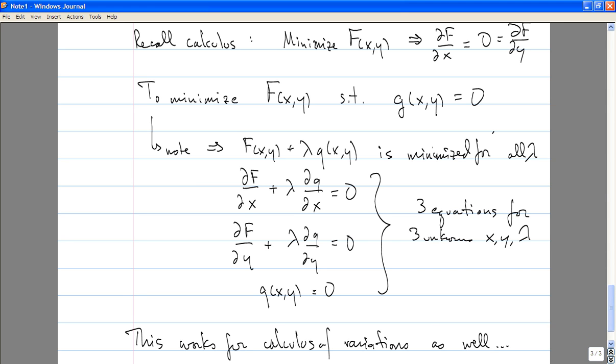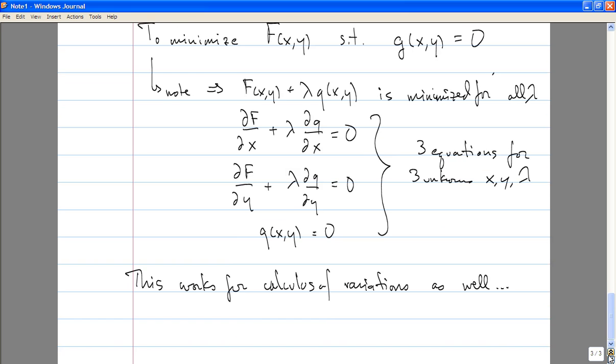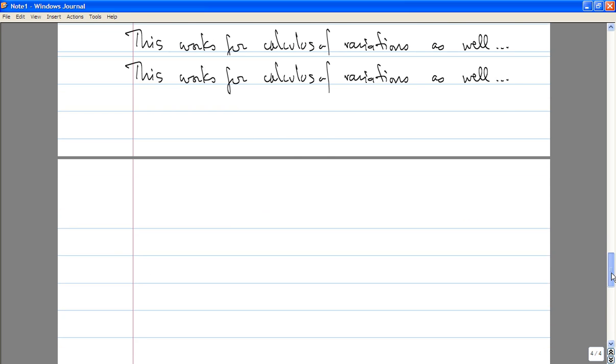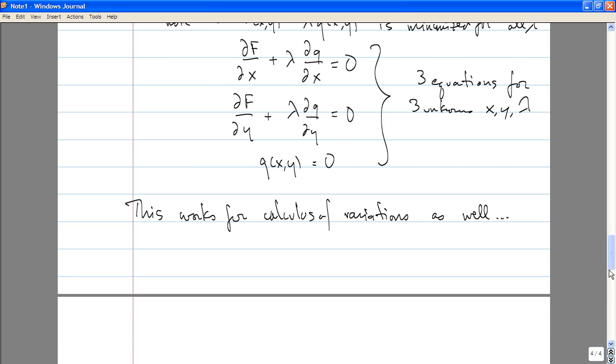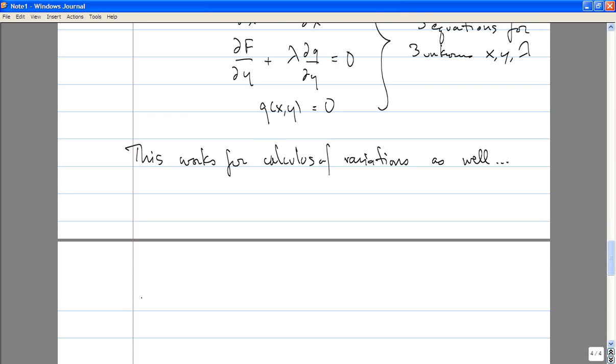So in particular, let's imagine that I have m functions yi that depend on x. So i here runs from 1 up to m.